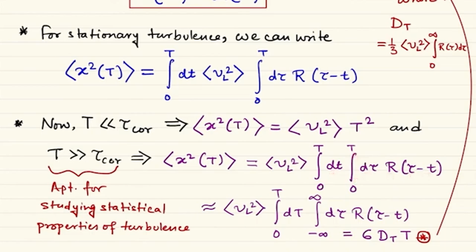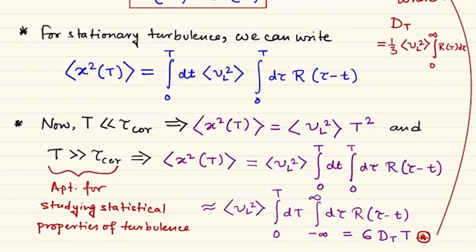Since we are interested in times very much greater than the correlation time, we can replace this integration, everything unchanged, with a changed boundary, minus infinity to plus infinity.